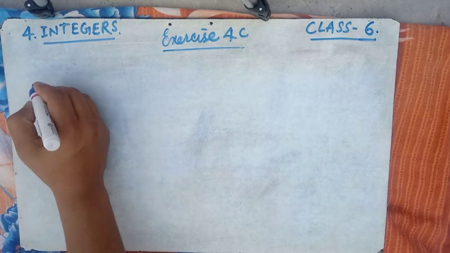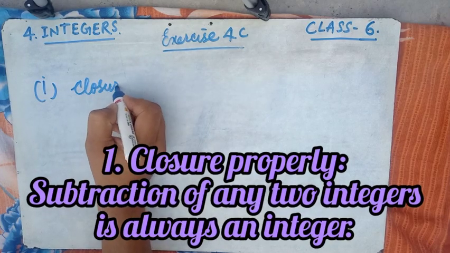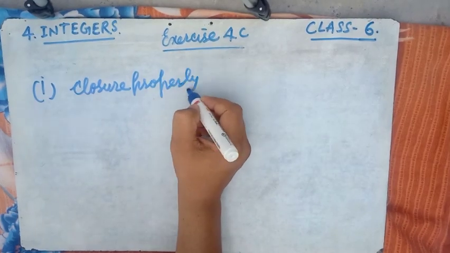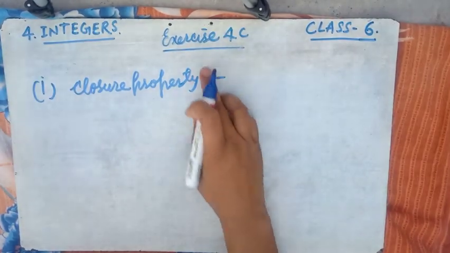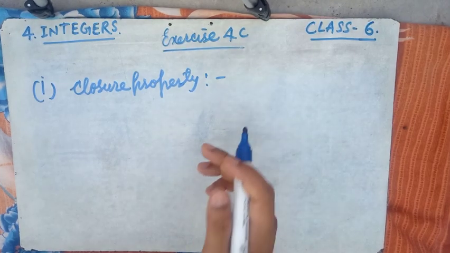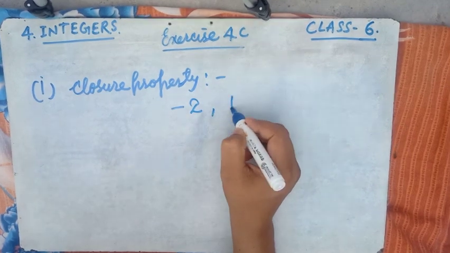The first property is closure. The subtraction of two integers is always an integer. Suppose for example minus 2 and 1.